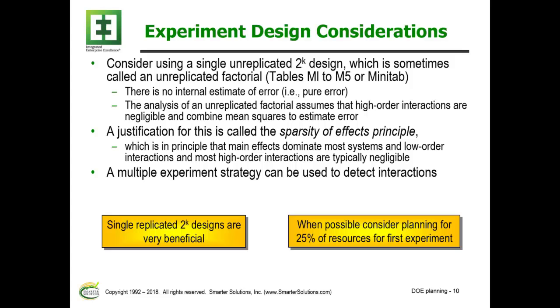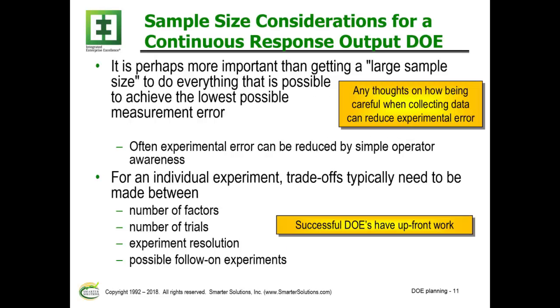You can use multiple experiment strategies for detecting errors and interactions. So you start with a high level and then do another experiment to go in and do further refinements. But that's not necessarily always the case, as I described some other alternatives in the chapters of the book.